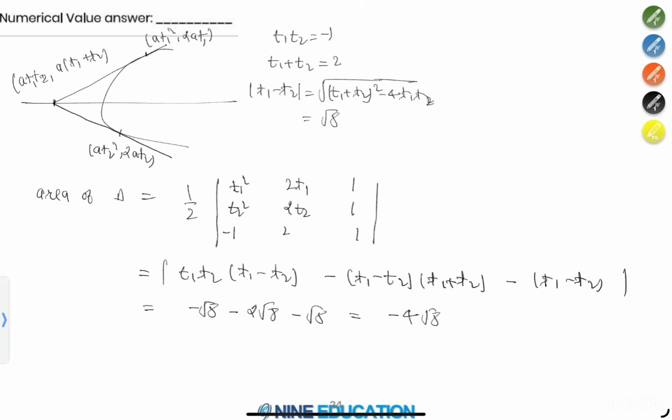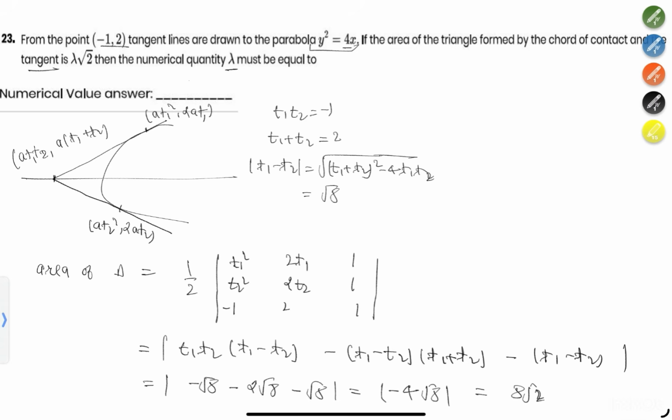As modulus is there, root 8 can be written as 2 root 2, so we get 8 root 2. So the value of lambda is 8 that we have from here.